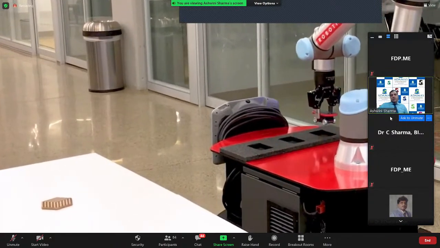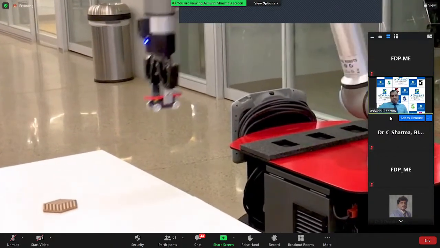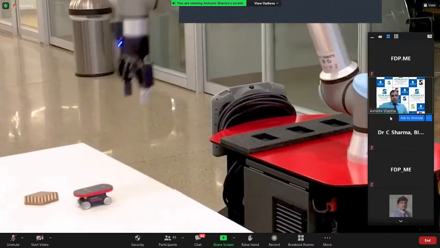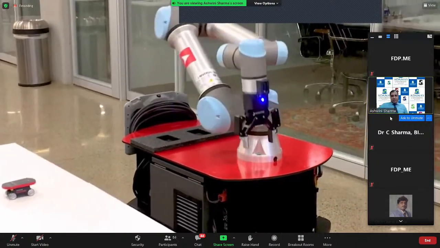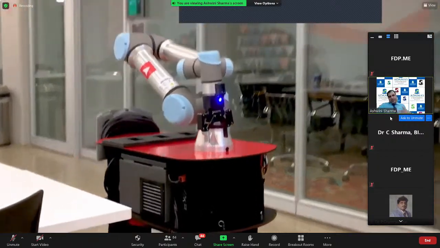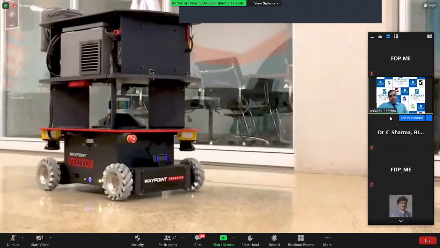So this is basically a simulation testing of the pick and place operation by this robot in Waypoint. It's a mobile manipulator that has got wheels as well as the manipulator.